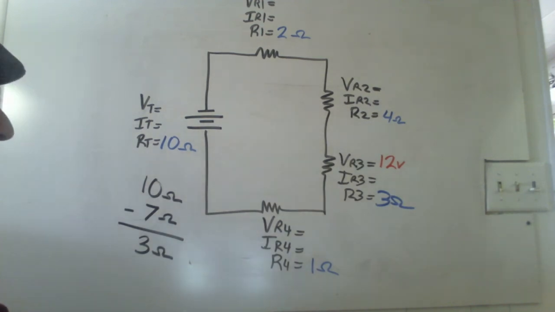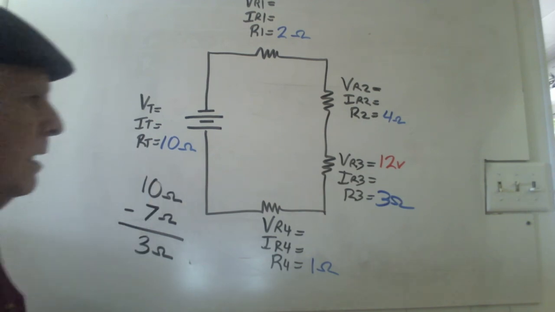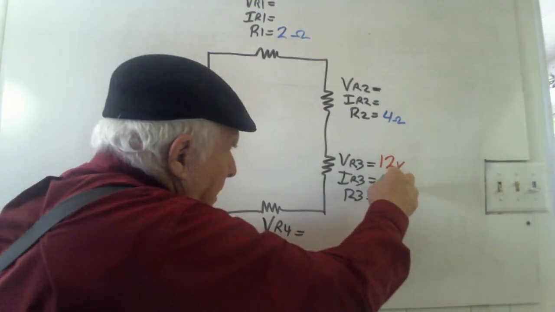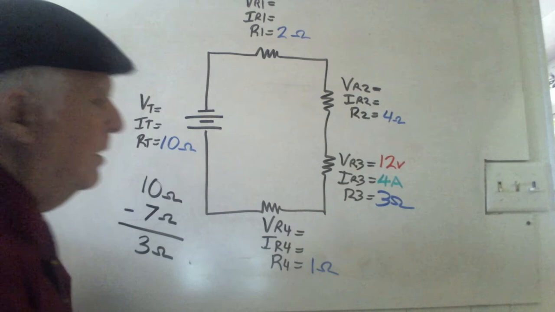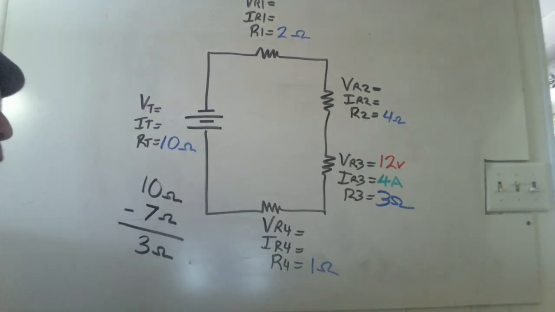I've got 12 volts and 3 ohms. And we know that current is equal to voltage divided by resistance. Consequently, at this point, we're going to have 4 amps of current. Okay, what do we know about current in a series circuit?